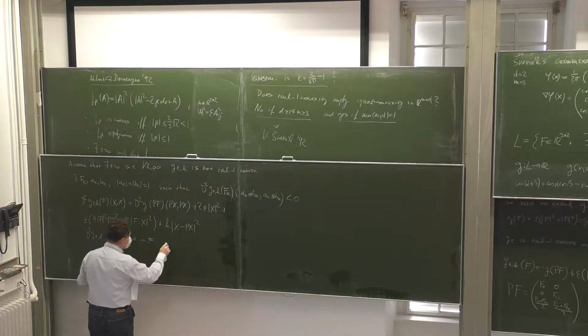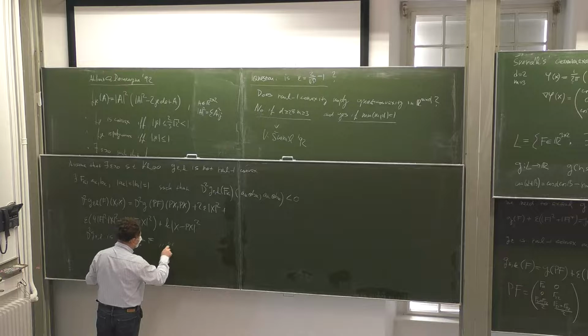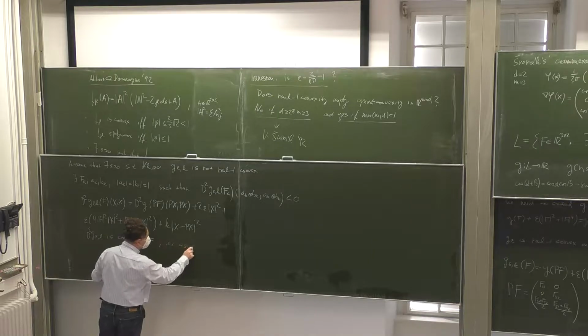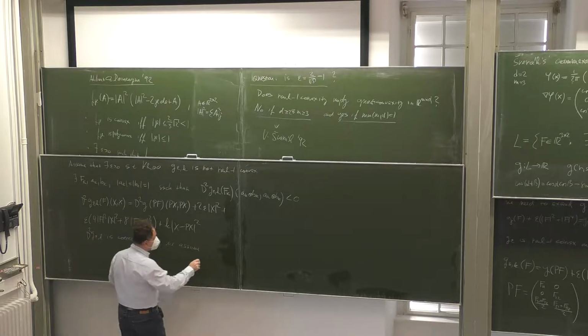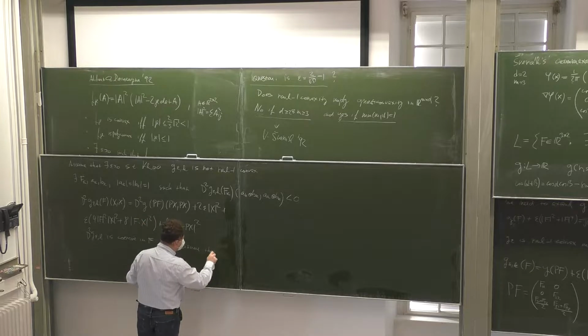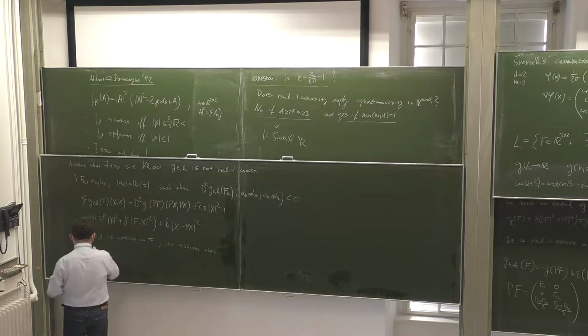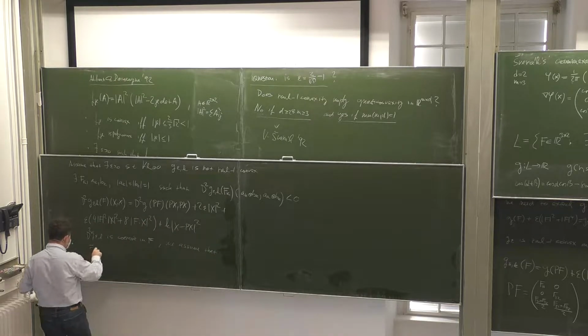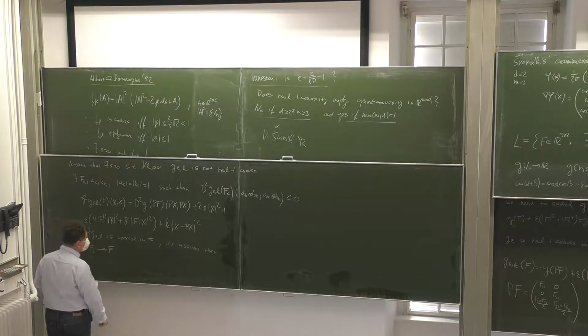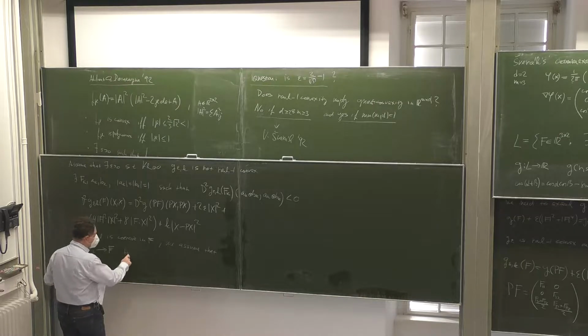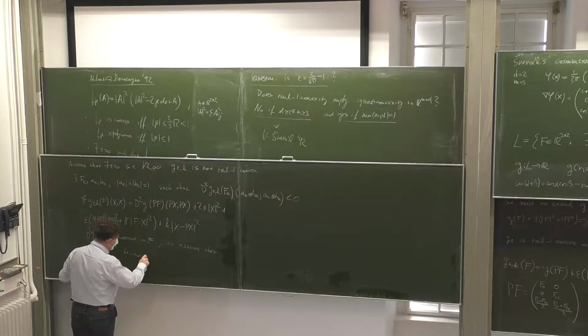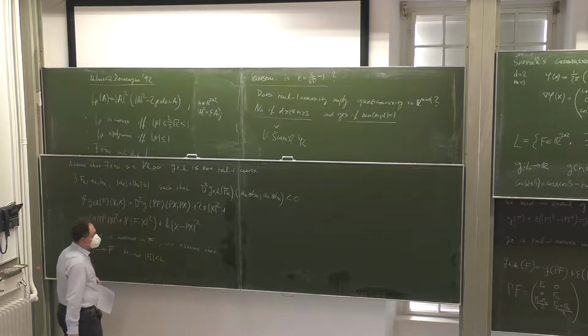So we assume that fk may be converging to some f bar, because fk is bounded by a constant.